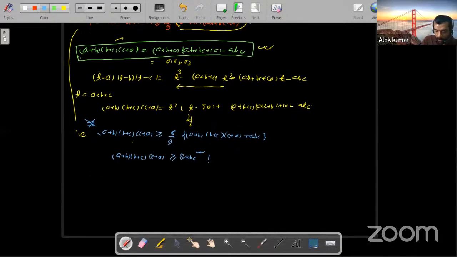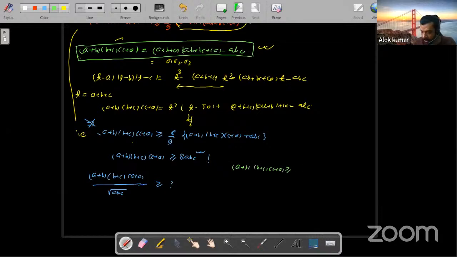I had to find out how (a+b)(b+c)(c+a) upon the square root of abc behaves. So I'll use this, that (a+b)(b+c)(c+a) is greater than or equal to 8/9 times (a+b+c)(ab+bc+ca). So I can write 8/9 because a+b+c is 1.